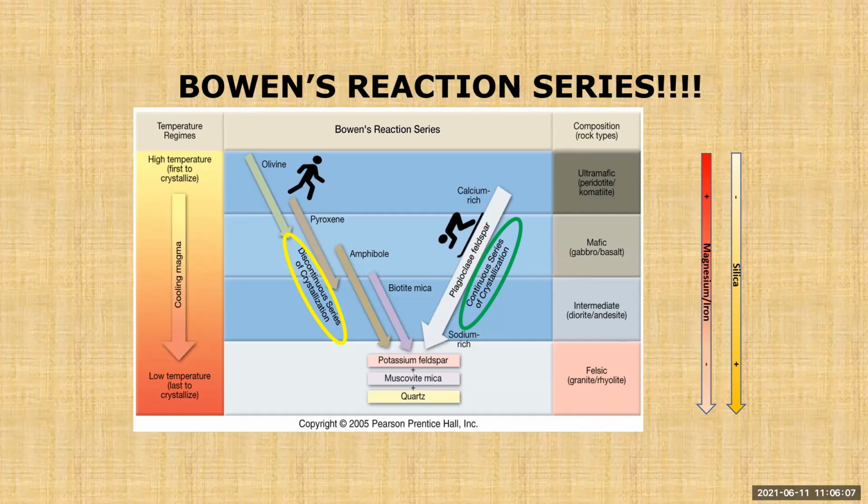The plagioclase that solidifies at a lower temperature is going to be rich in sodium. So between those two end members is plagioclase feldspar that contains a mixture of calcium and sodium.